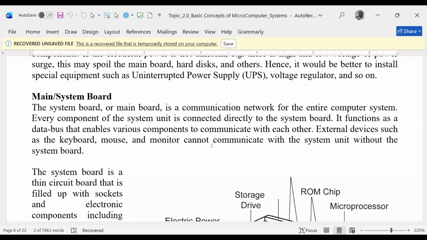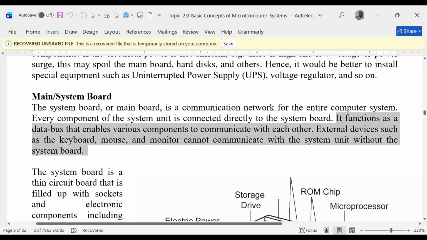At the back of the motherboard is where we have the bus. Signals and control all pass through the bus, which functions as a data bus that enables various components to talk to each other. External devices are also connected to the motherboard so that they can work.